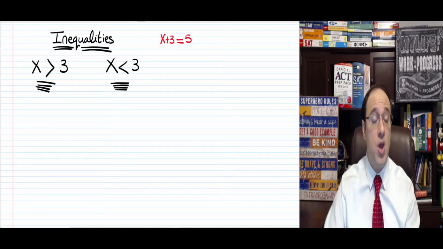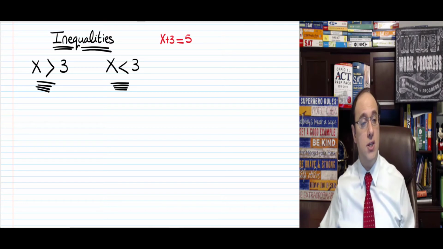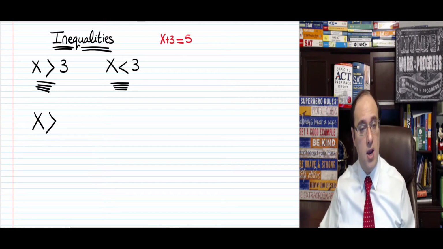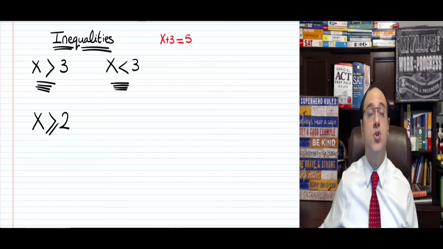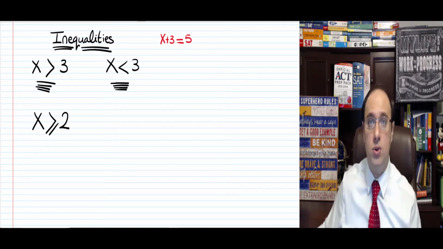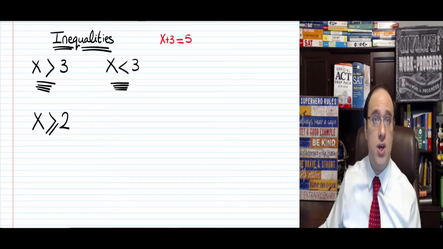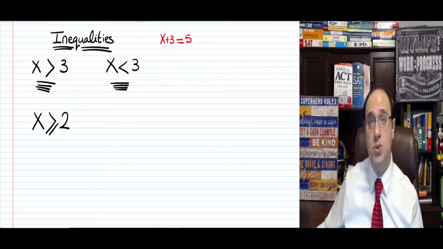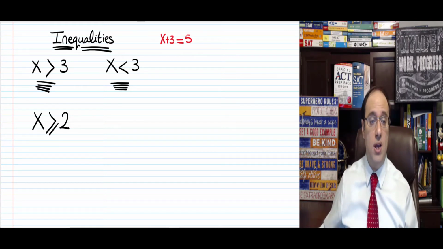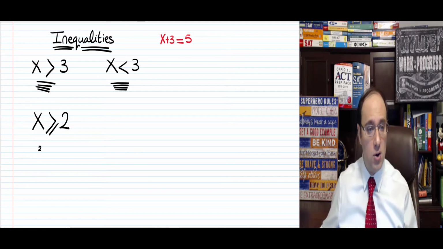Okay? Super. We also have 2 more signs that we use, which is this sign right here, and this basically means that x is greater than or equal to 2. You see how there's a dash? This is like an equal sign that's tilted to the right. So x is greater than or equal to 2. In this example right here, x equals 2 or is greater than 2.